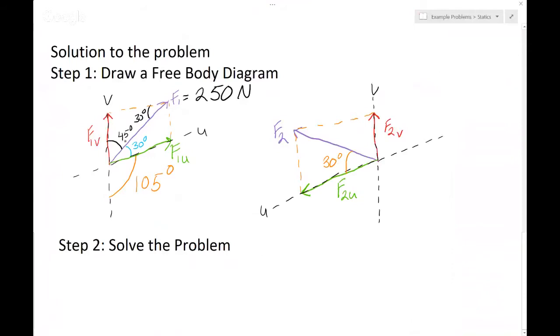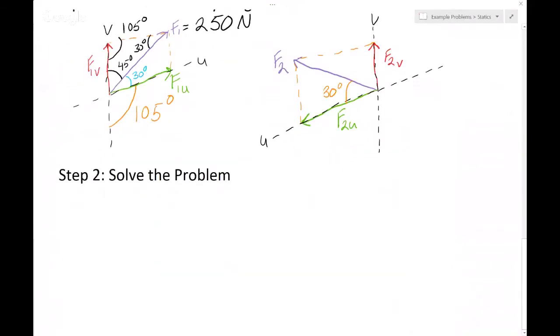And so then if we have 45 degrees here and 30 degrees here, since a triangle has to have 180 degrees on the inside, we can tell that this last angle is the same as this angle, which is 105 degrees. And now that we have our triangle, we can go ahead and use the law of sines and the parallelogram rule to solve this problem.